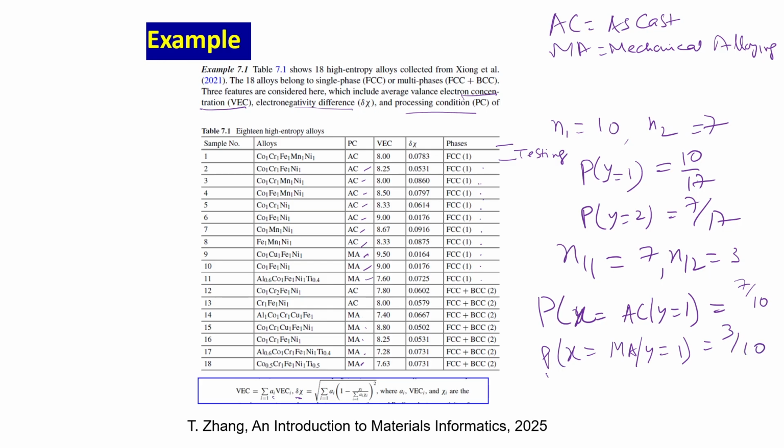So, this is your posterior probability. You can easily calculate it this way. Not only that, you can even find the standard deviations. How do you find them?